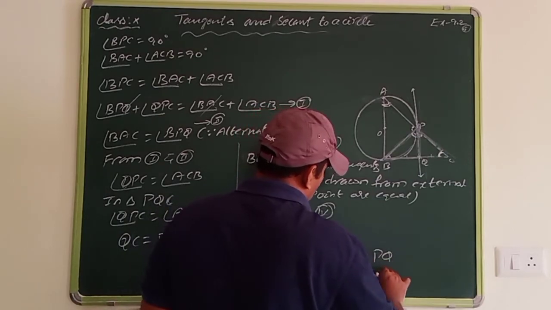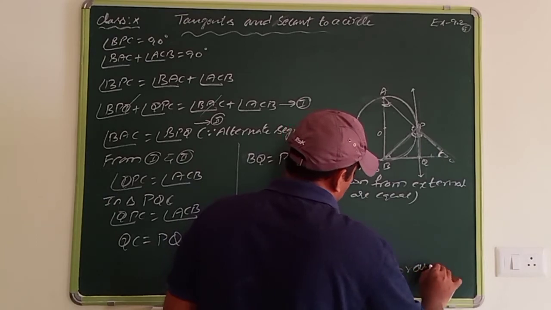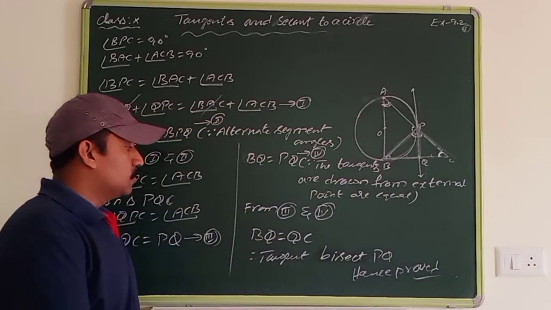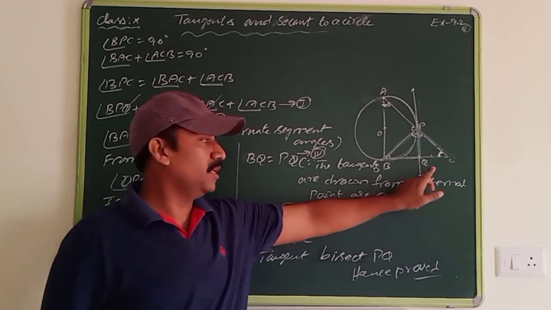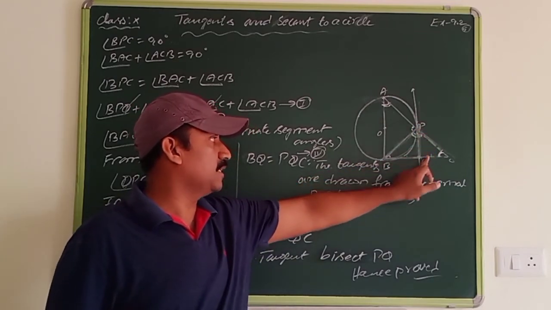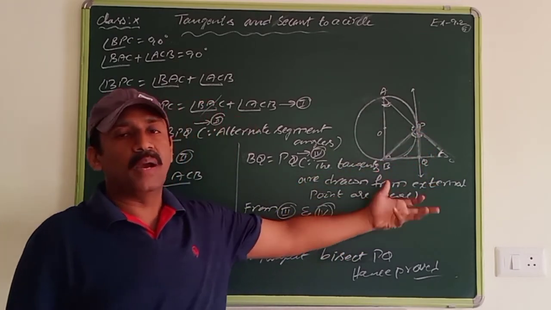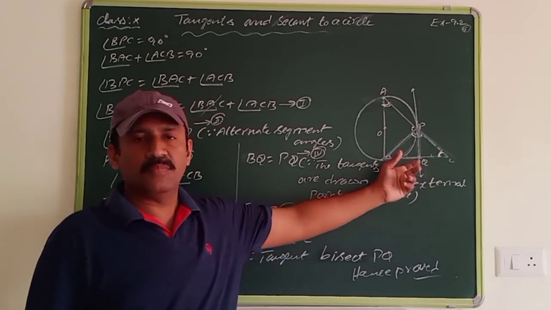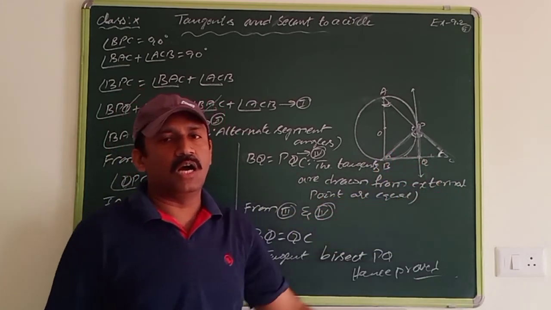So hence proved. This is what they asked in the statement. Finally we proved here these two are equal. That means this tangent bisects PQ. Bisect means it is divided into two equal halves, right?